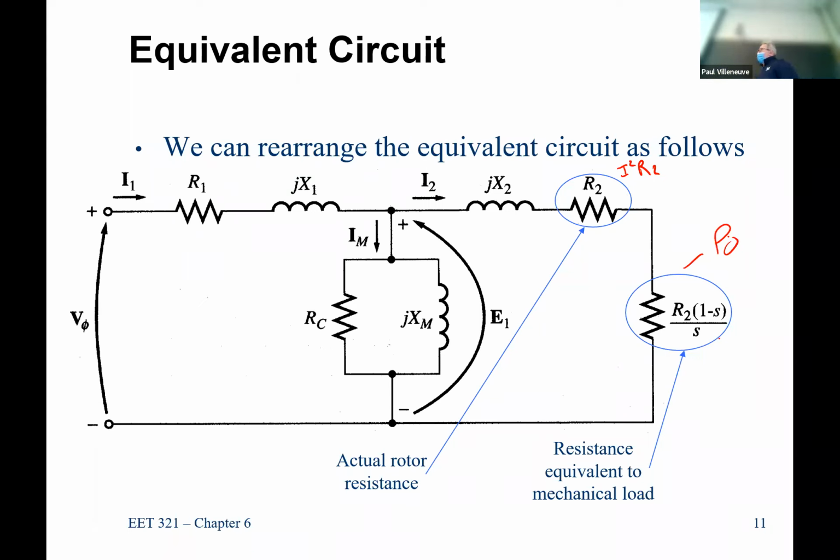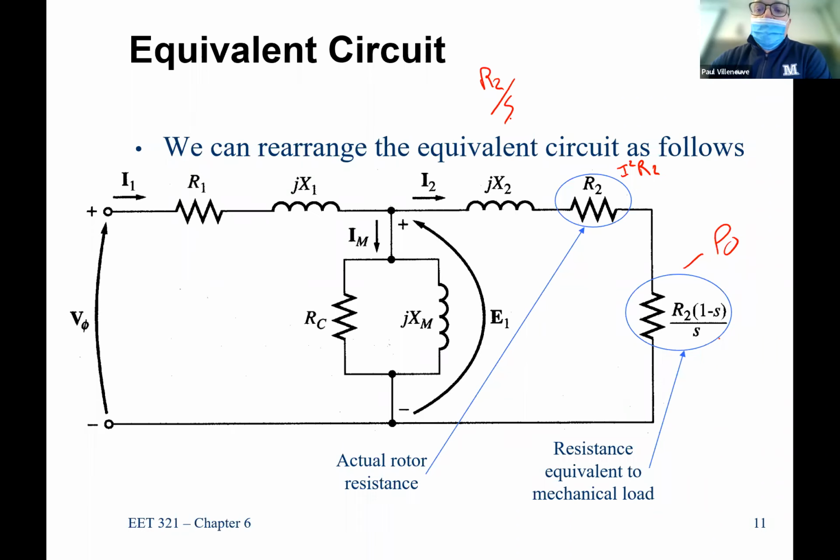Remember how we need to have a resistor in there that is proportional to the mechanical power demanded. It's right there. It's written as a function of slip. All I did is I took R2 over S and I broke that out into those 2 separate terms. Everybody see how that happens? Anybody want to see how that works?